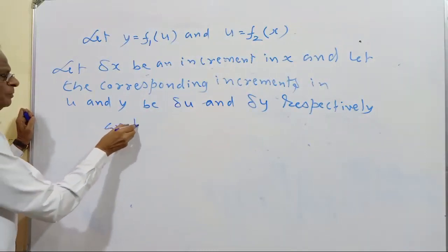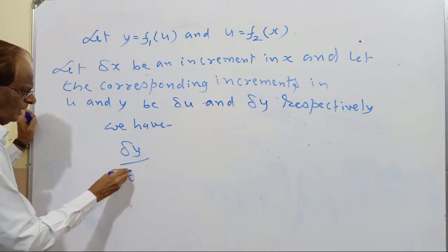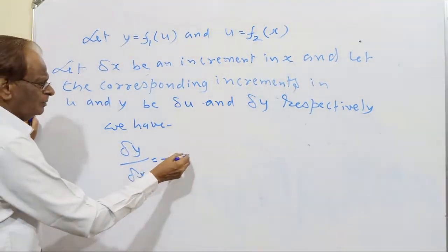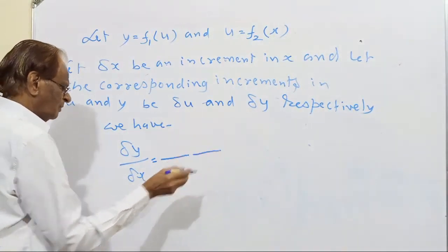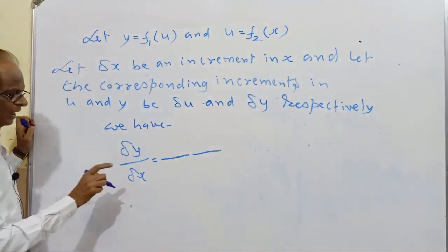We have delta y by delta x can be written as... separate delta y has a meaning, separate delta x has a meaning.